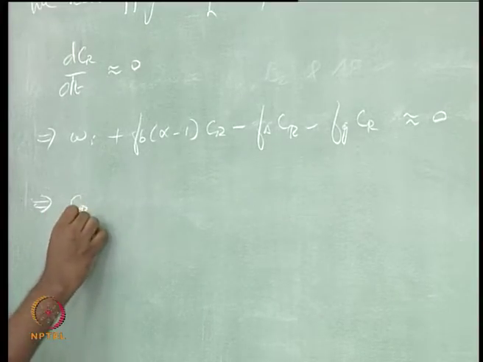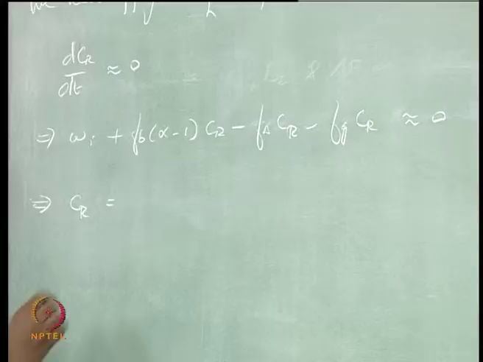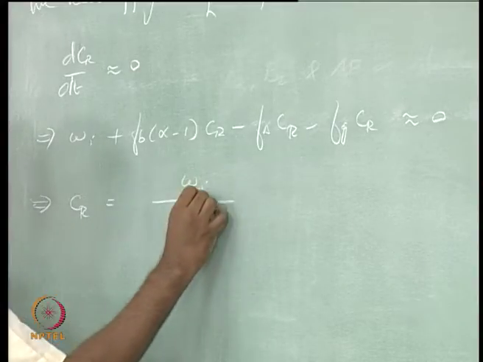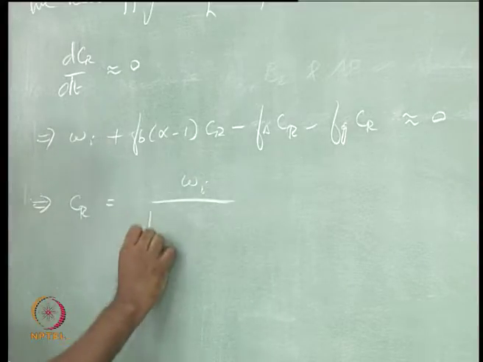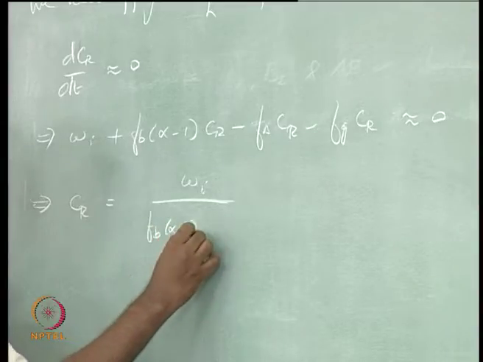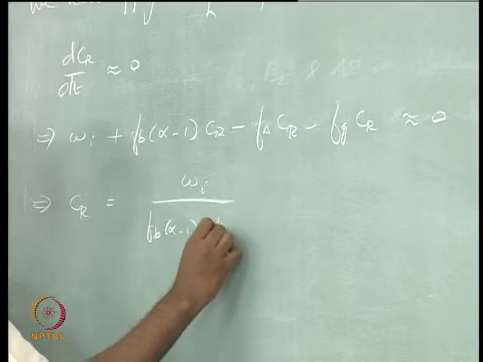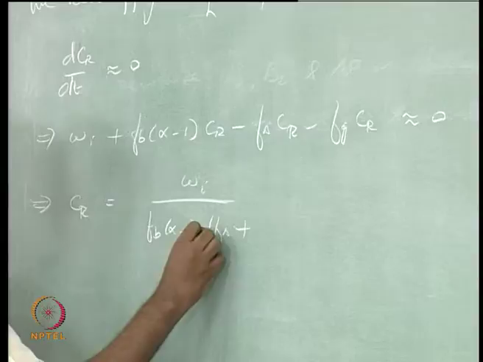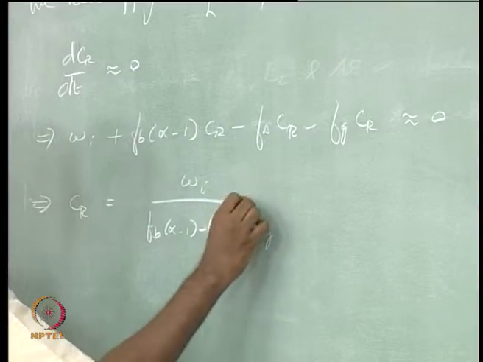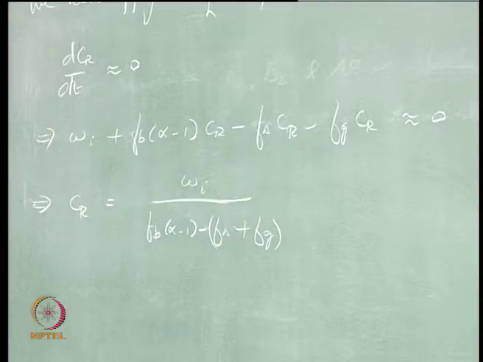So this implies Cr is equal to omega I divided by Fb (alpha minus 1) minus Fs plus Fg. Okay, so the steady state approximation did this for us. You go back and think about what we did.